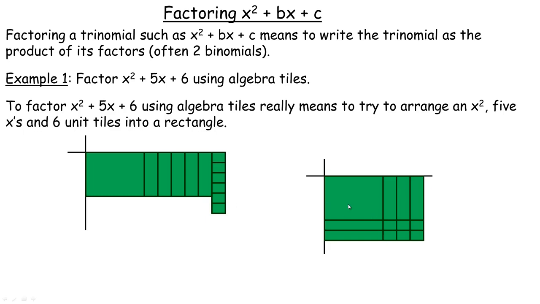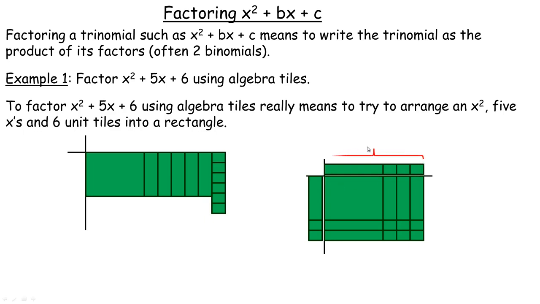So what we're looking for now is what the length and width of this are, and those will actually be the factors. So across the left side here, that's an x, and then we have a 1 here and another 1. And then this is an x length across here, and then a 1, another 1, and another 1.